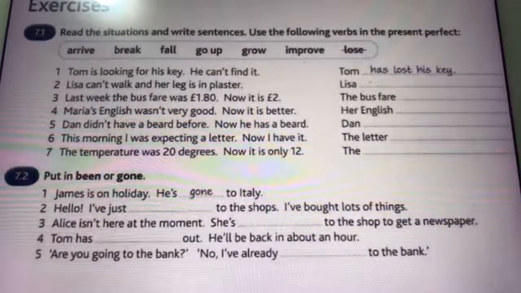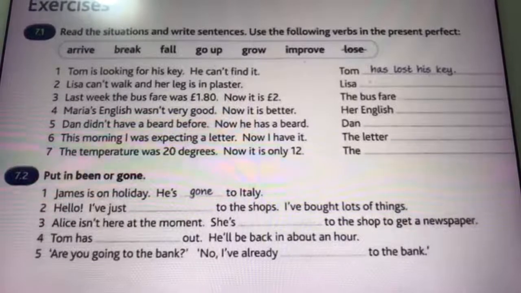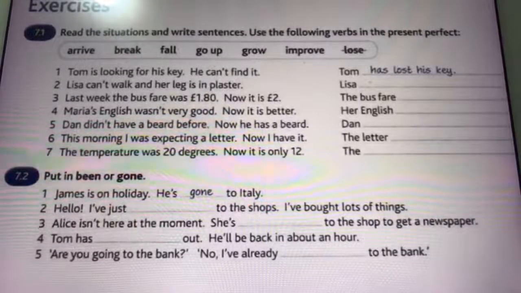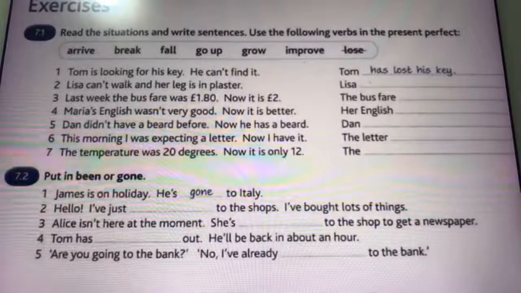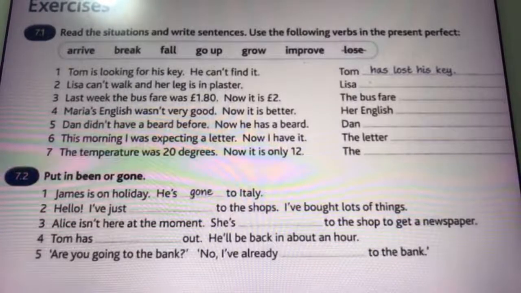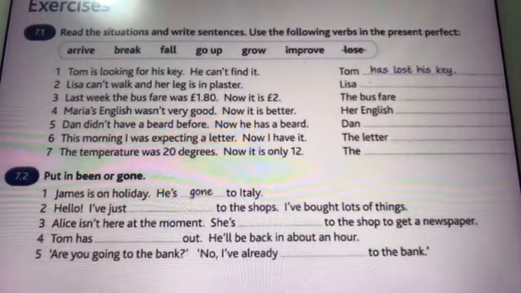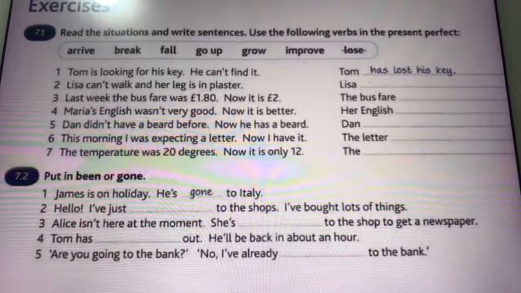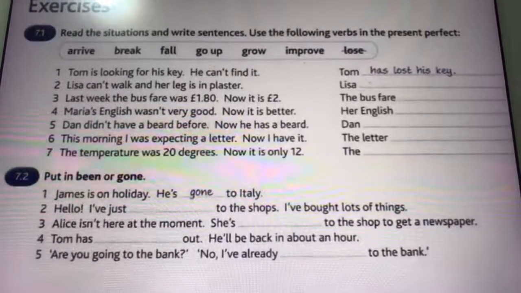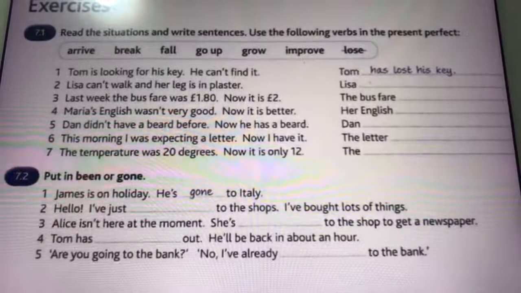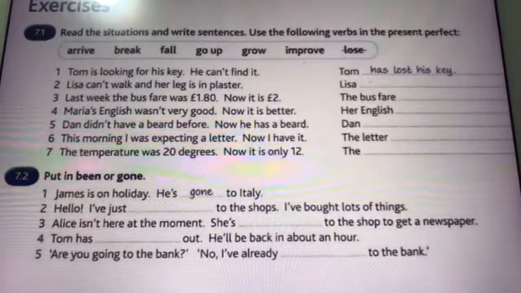Yes, it's go up. But what is the past participle? Go. Went is the simple past. Gone. Okay. So, the bus fare has gone up. Okay?